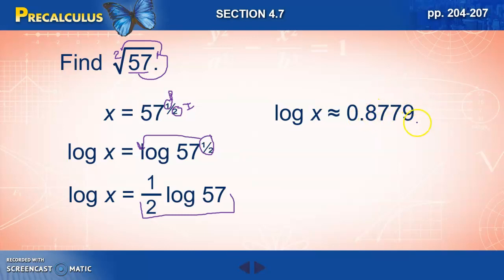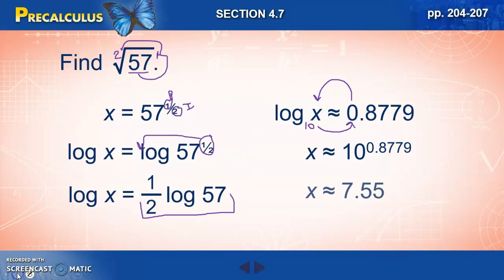We say approximately because this has been rounded to 4 digits. We know that the base here is 10. And if we were to convert this to exponential form, we would have 10 to the 0.8779 power equals x. So let's write that, 10 to the 0.8779. We're going to have to say approximately again because this is rounded, approximately x.